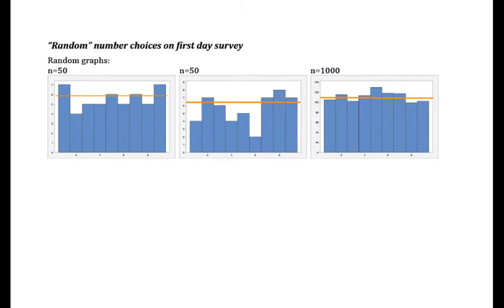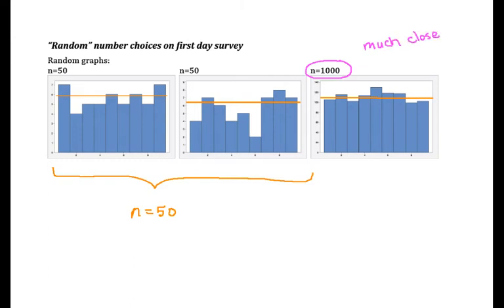Now at n equals 50, which is both of these here, we didn't really establish that nice level pattern yet. There's still a lot of natural variation just due to luck. But we can see that as that number gets bigger, so over here we're looking at n equals 1,000, it's much closer to what we would call uniform because all of that random luck has kind of averaged out.